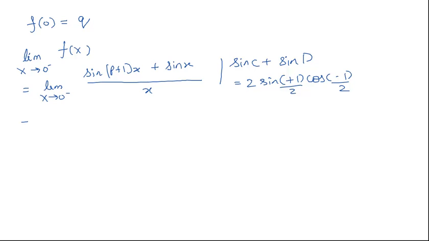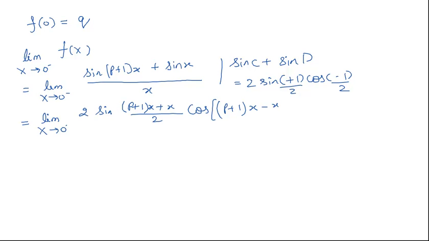On applying this formula, what will we be getting here? We will be getting the limit as x approaches 0 from the negative direction of 2 sin(((p+1)x + x)/2) times cos(((p+1)x − x)/2), and the complete expression divided by 2x.